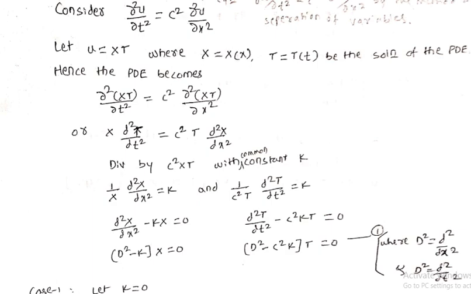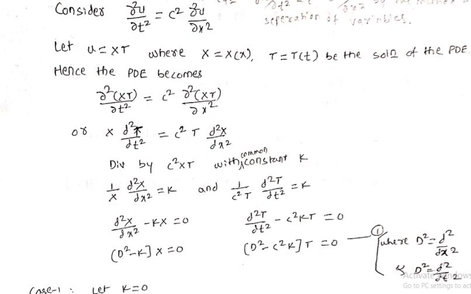Or we can express this differential equation in symbolic form: D square minus k into X equal to 0. Here capital D square denotes d square by dx square, and capital X is common, so take X outside, and the remaining terms are D square minus k equal to 0.